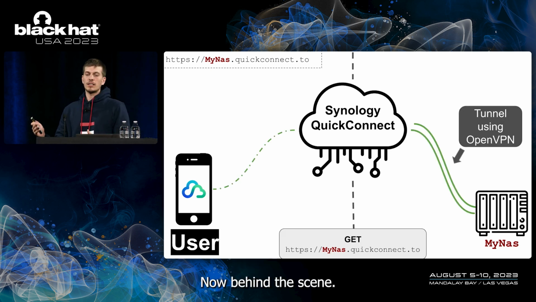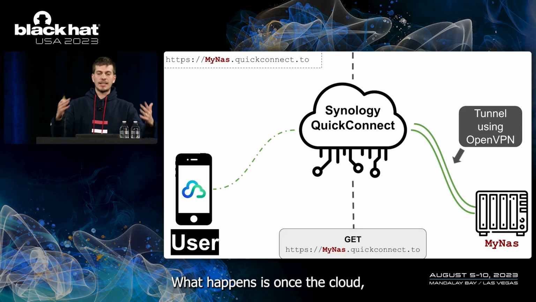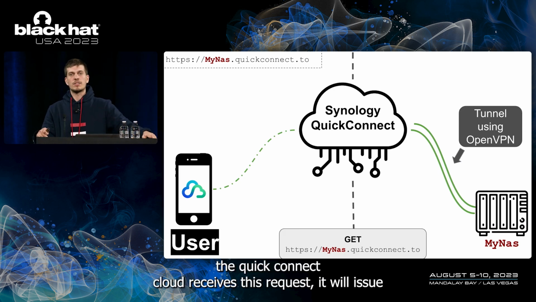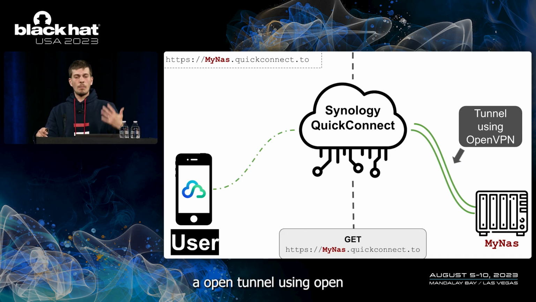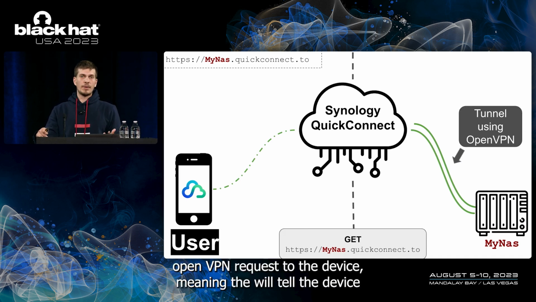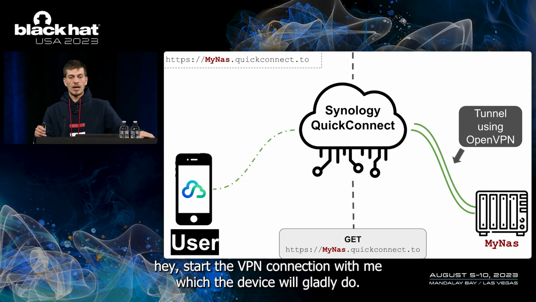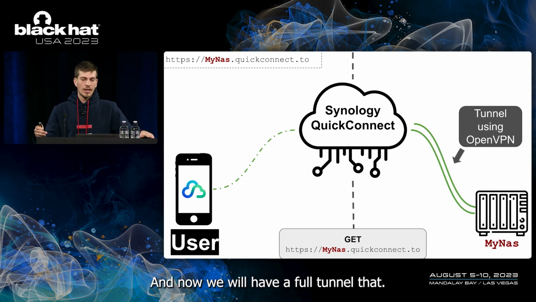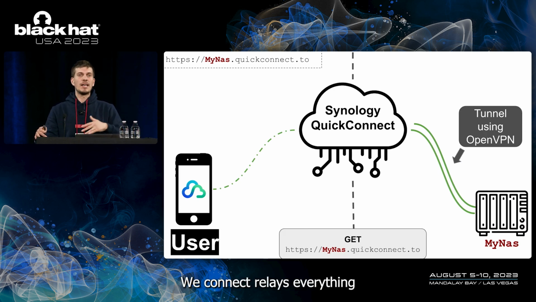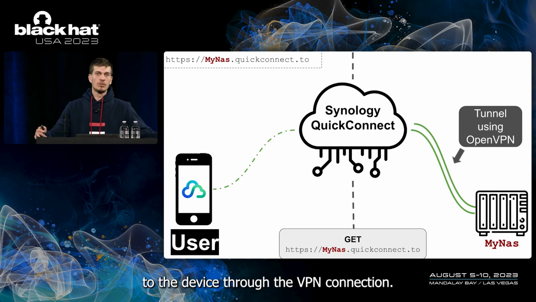Now, behind the scenes, what happens is once the Quick Connect cloud receives this request, it will issue an open tunnel using OpenVPN request to the device, meaning the cloud will tell the device, hey, start a VPN connection with me, which the device will gladly do. And now we will have a full tunnel that Quick Connect relays everything to the device through the VPN connection.